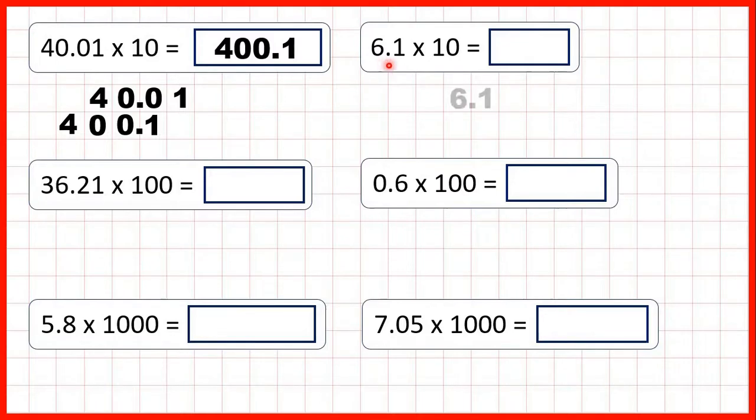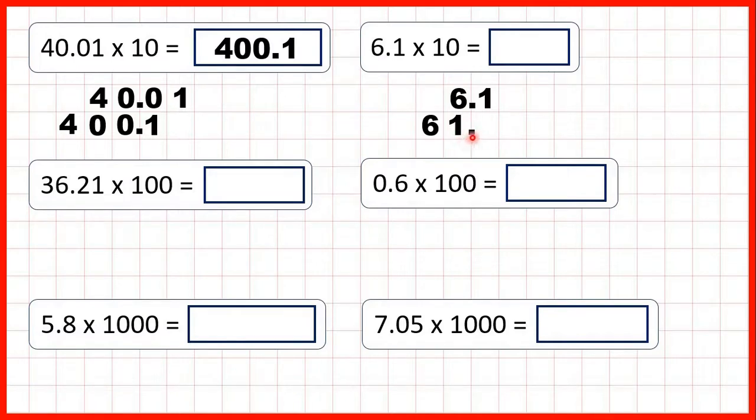Now we have 6.1, so we write the number out and copy down the decimal point, and to multiply by 10, the digits move 1 square to the left. And that makes sense, because when we have 10 of something, we can exchange it for 1 of the place value to the left. So to multiply by 10, we move the digits 1 square to the left. So if we do that, we get 61 and then a decimal point.